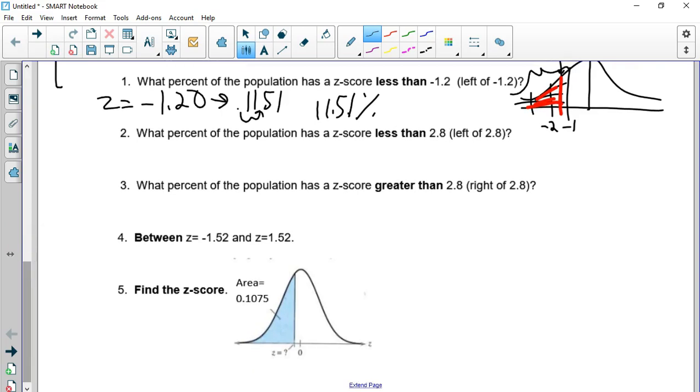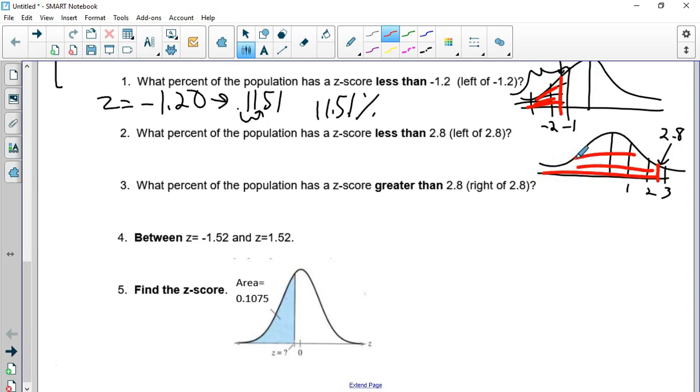Okay, what percent less than 2.8? So again, we just draw a simple, quick little curve. And we don't have to do both sides. So here's 1, here's 2, here's 3. Where would 2.8 be? It would be right there, 2.8. Now, that means we're going to shade, starting here, all the way over. All right?